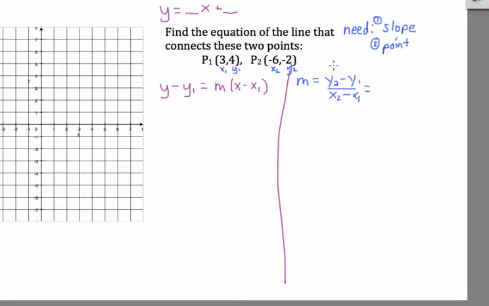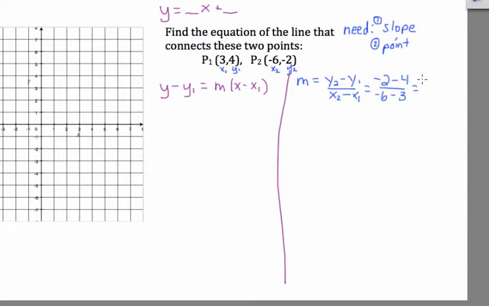So y2 is negative 2 minus, from the formula, y1 is 4, over x2 is negative 6, minus from the formula, and x1 is 3.